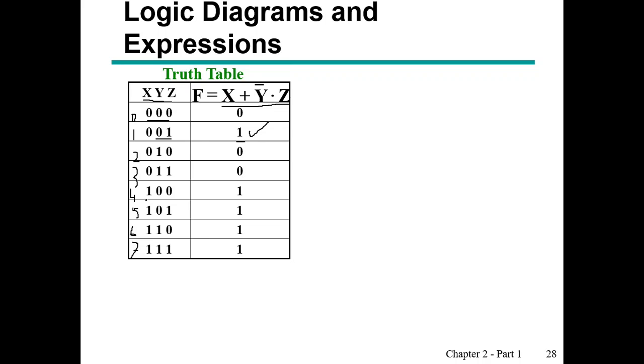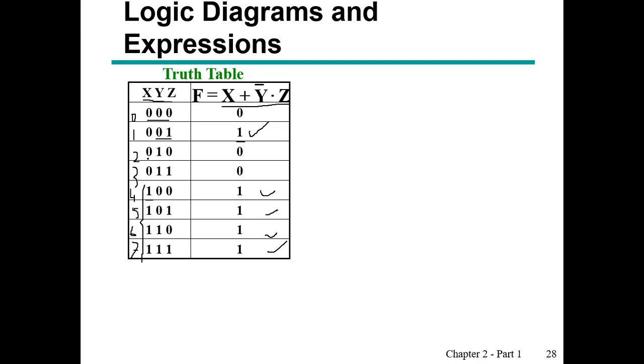All the cases where x is 1, those cases are 1. You don't need to evaluate the other expression. Just the simple fact that x is 1 and it is being ORed with y prime z, so you don't need to calculate y prime z in those cases. Since x is 1, the output is 1 because the output is x or this thing.